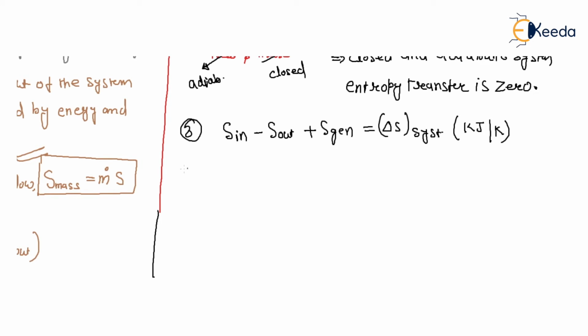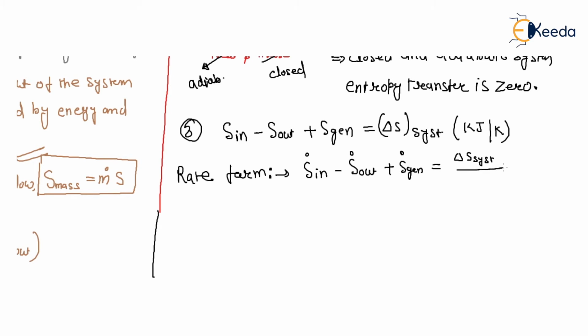But in rate form, what is the rate form? Divide by time, that means S in dot minus S out dot plus S generation dot is equal to delta S of the system by dt. No problem, this is your kilowatt per Kelvin.